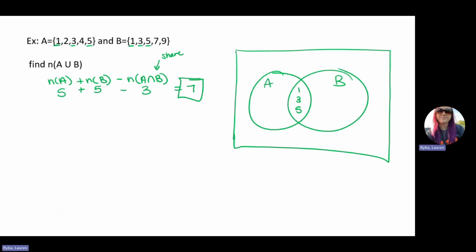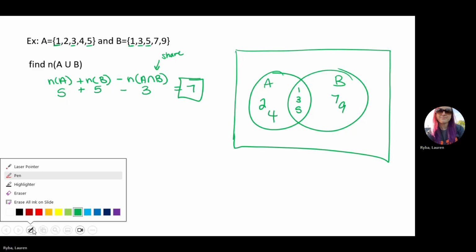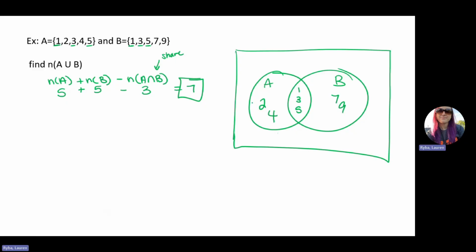I also have a 2 and a 4 inside of A. B also has a 7 and a 9. So it's asking how many numbers are contained between A or B. Well, if I count them, 1, 2, 3, 4, 5, 6, 7. There are 7 pieces right there, same number.